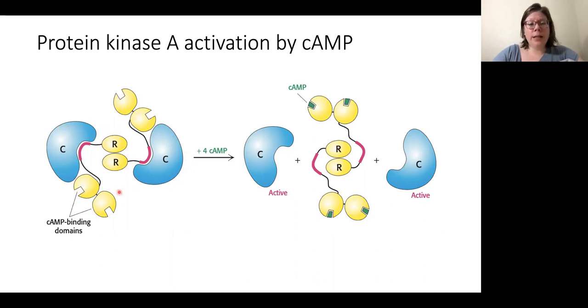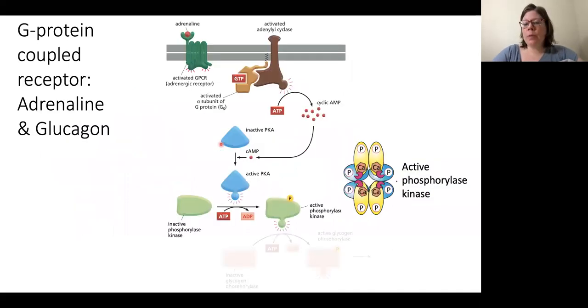When the regulatory subunits bind to cyclic AMP, they change conformation and dissociate from the catalytic subunits, and now these catalytic subunits are free to go on and do kinase activity to phosphorylate other substrates. So cyclic AMP has freed the PKA. It's now active to go and phosphorylate proteins.